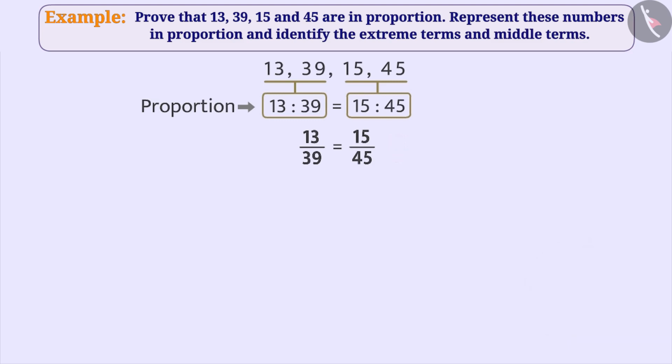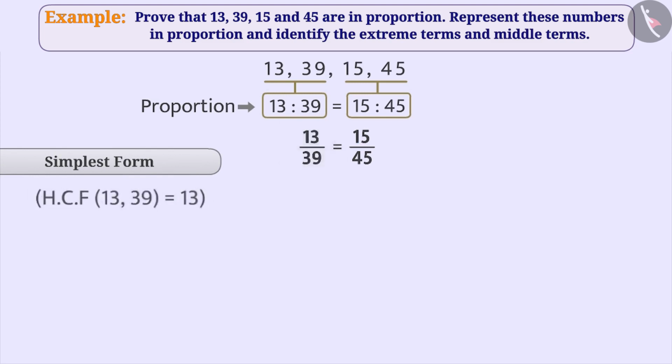In order to find this, we will convert both fractions into their simplest forms. In 13 by 39, the HCF of numerator 13 and denominator 39 is 13. If we divide the numerator and denominator of 13 by 39 with the HCF 13, then we get the simplified form of this fraction, 1 by 3.